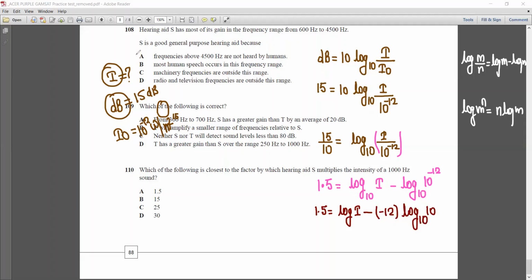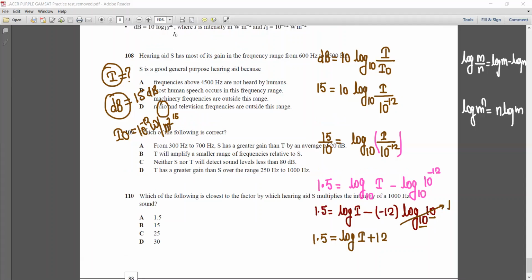Now you know that if the base and the term are the same, then the value will be 1. So this becomes log I plus 12, and this is 1.5 here.